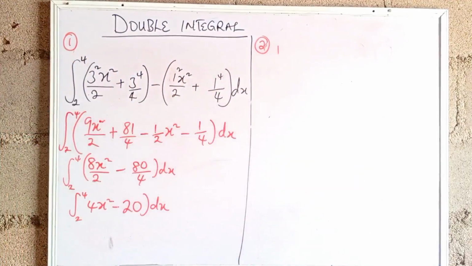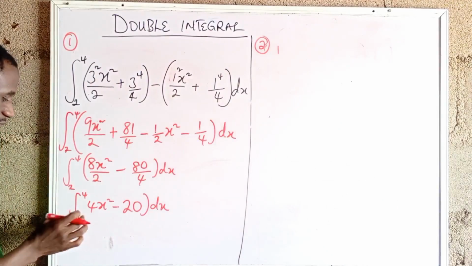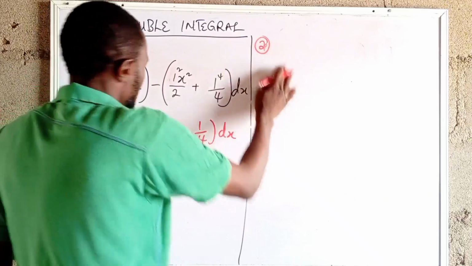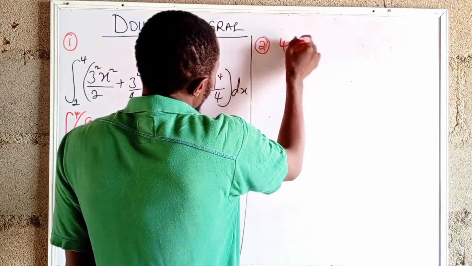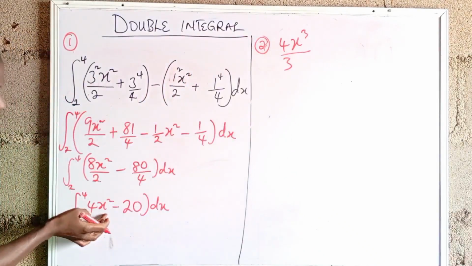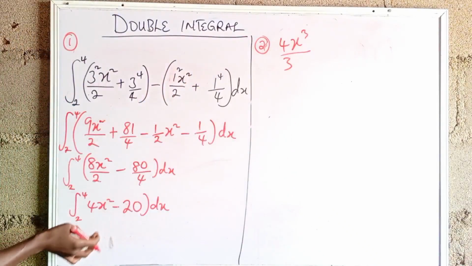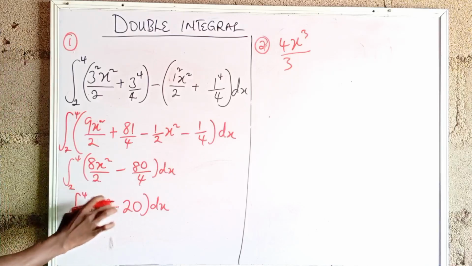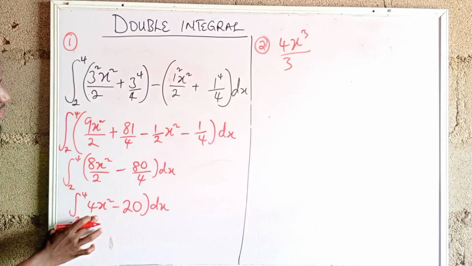By taking the second integral, we are going to integrate this again. This shows that we have 4x cubed all over 3. That is, by taking the integral, you add 1 to the exponent and divide by the new exponent, 3.